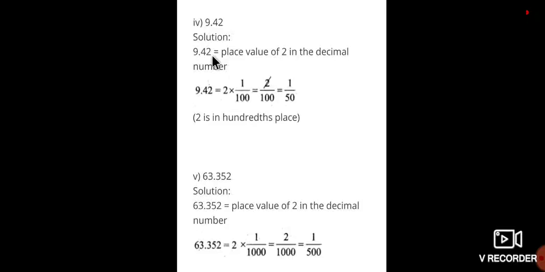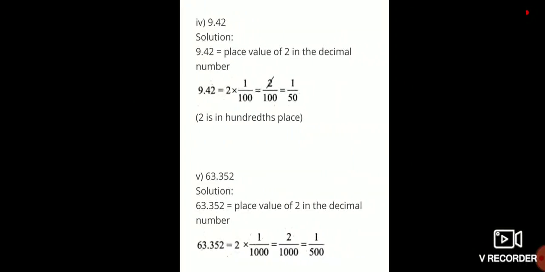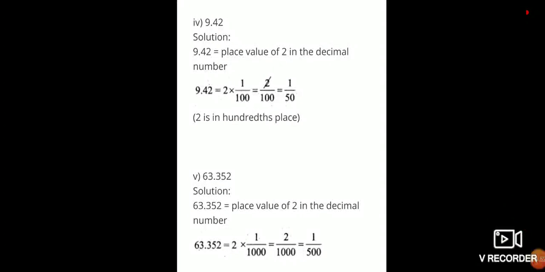The place value of 2 is the hundredths place. Here tens, hundreds, thousands. Therefore the place value of 2 is the thousandths place. Simple. Next, like this we are writing the place value of the decimal numbers.